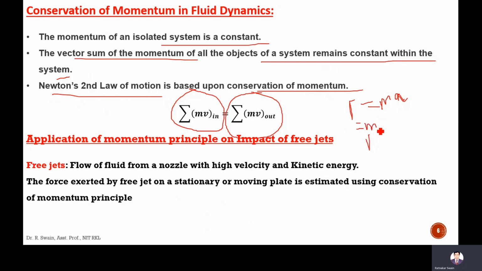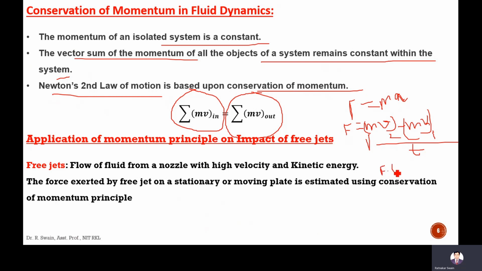If F equals rate of change of momentum, m(v2 minus v1), this is force. This is rate of change of momentum.